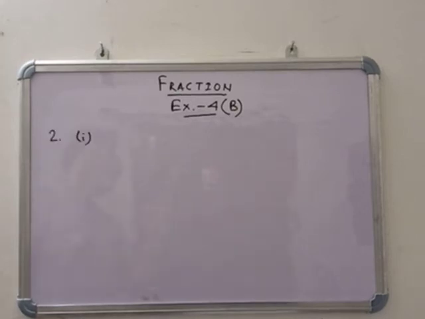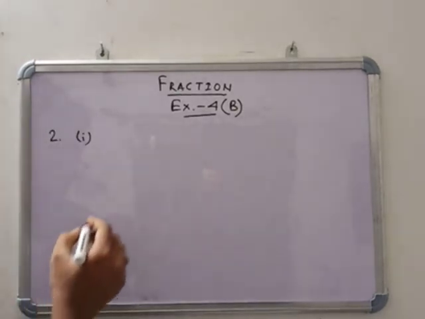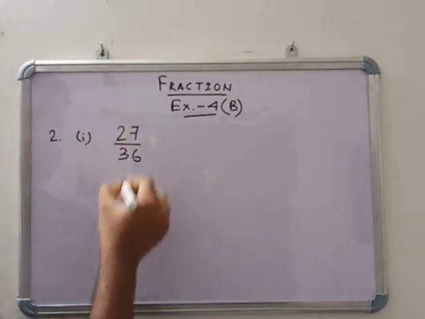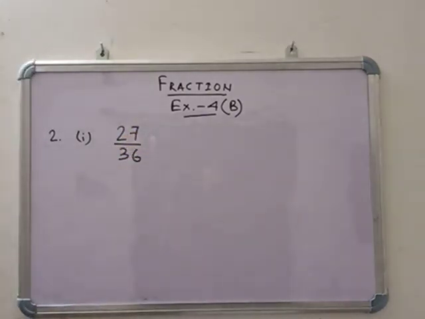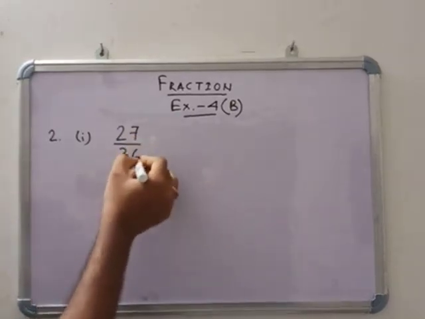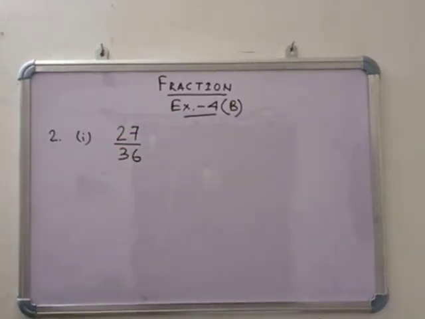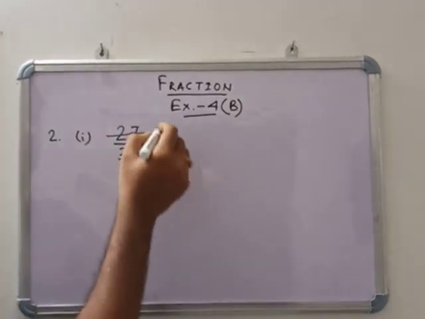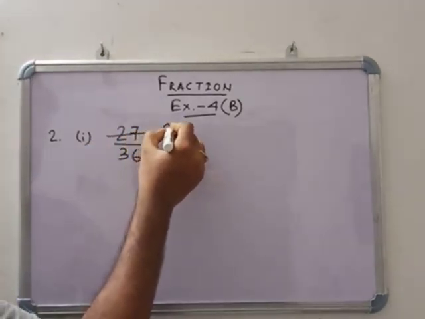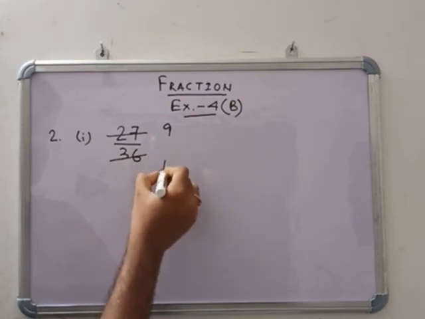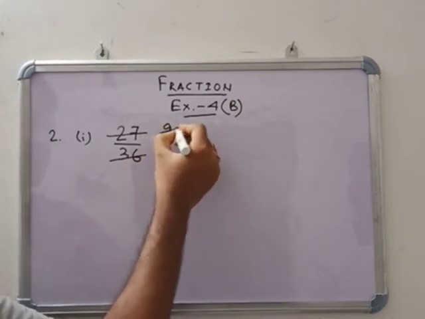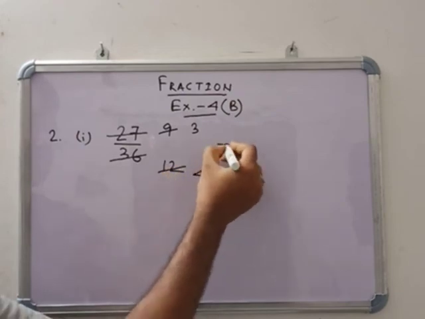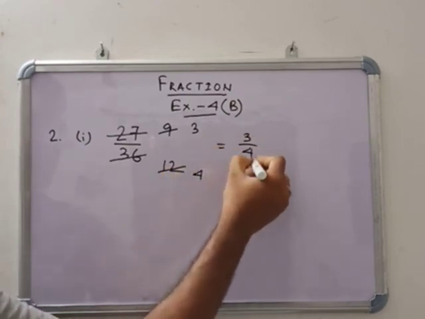Next one. In 12.1, 27 by 36 is given. Both are in the table of 3. If we divide by 3, we get 9 and 12. If we divide by another 3, we get 3 and 4. So the answer is 3 by 4.